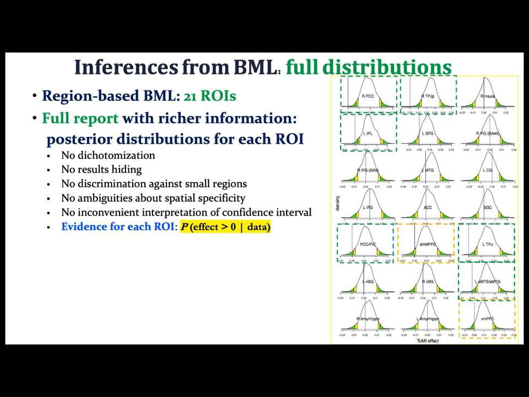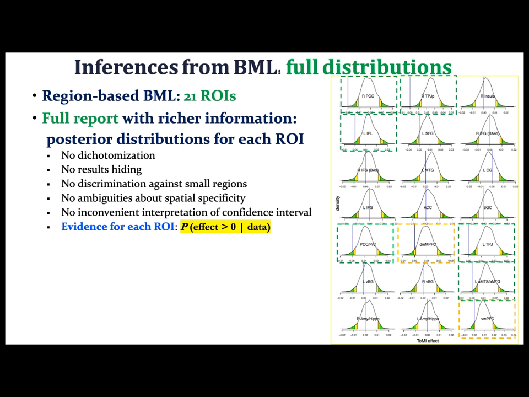For this region, the zero is here. Can we say something about this region? Well, if you calculate the density above zero, it's about 94%. Do we have to adopt the so-called 0.05, the magic number, as a threshold? I don't think so. I can report the full results for all 21 regions.